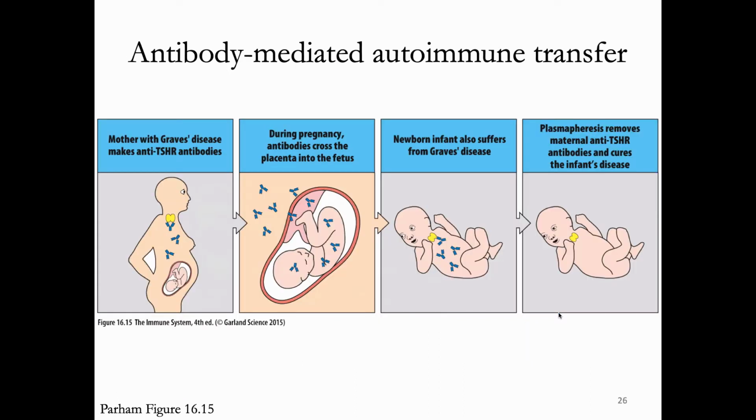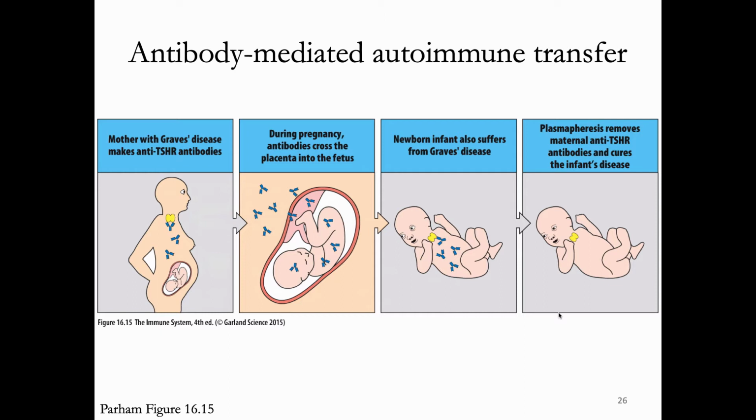One thing that's important to know about antibody-mediated autoimmune disease is that if we have an autoimmune disease like Graves' disease happening in a pregnant mom, those antibodies are going to be able to travel across the placenta and affect the baby as well. And so here you can see that the baby can get Graves' disease because of mom's antibodies. However, we have ways to actually remove mom's antibodies from the baby.